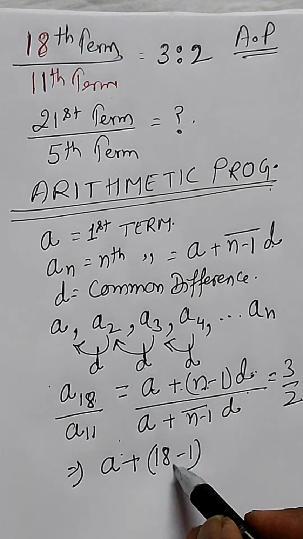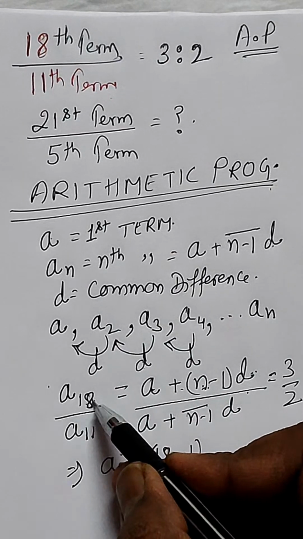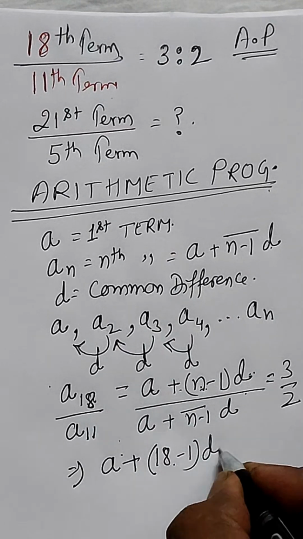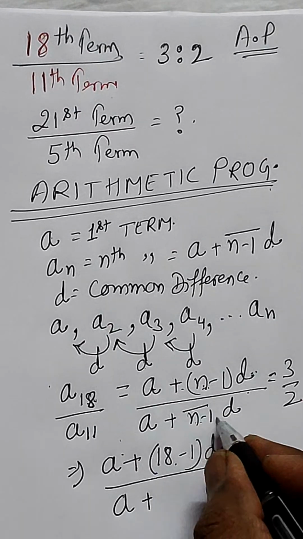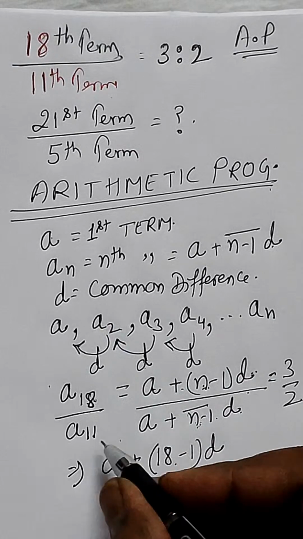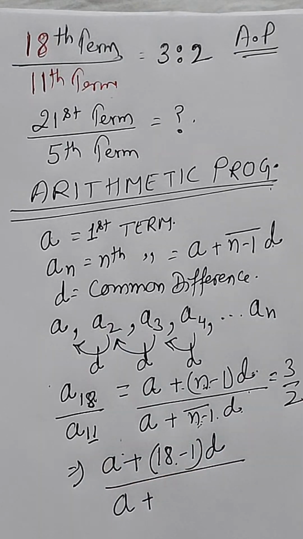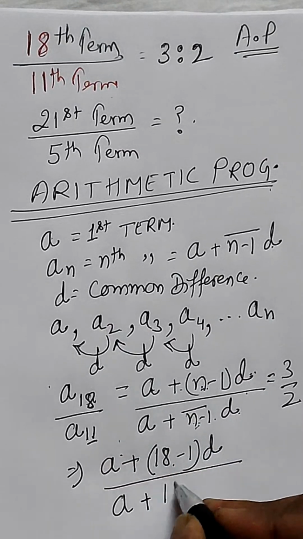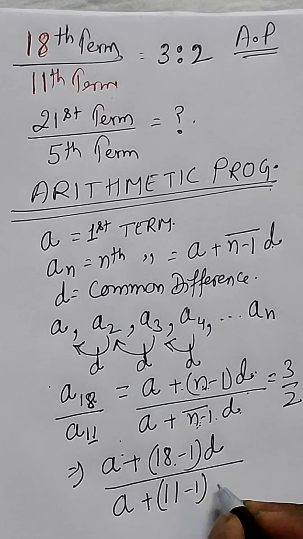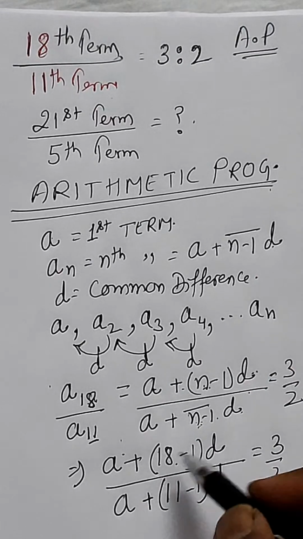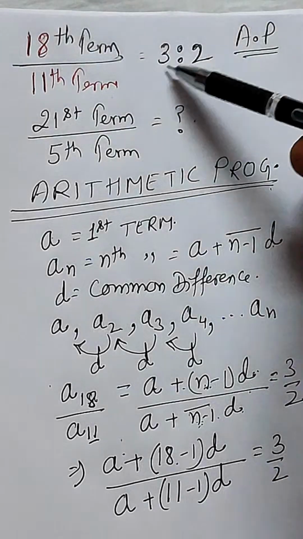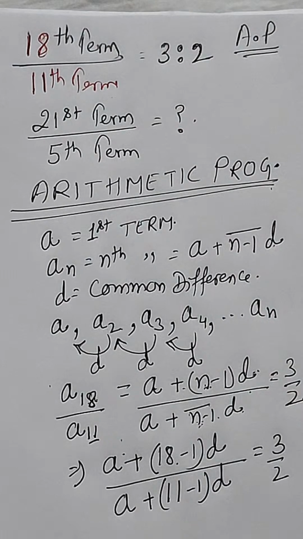Why 18 minus 1? Because in the numerator it's the 18th term. Divided by a plus n minus 1 into d, where in the denominator n will be 11, mind it. So this will be 11 minus 1 into d, and this gives 3 by 2. This relation is already given in the question.